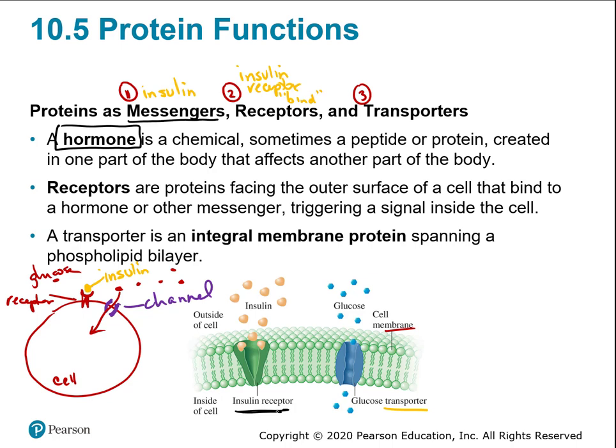So those two interact. Messengers or hormones can bind to receptors on cells, and that triggers the opening of a transporter or a channel. Right next to the insulin receptor is the glucose transporter, an integral protein. Initially it's closed, but as soon as the insulin binds, it binds glucose and moves it through.